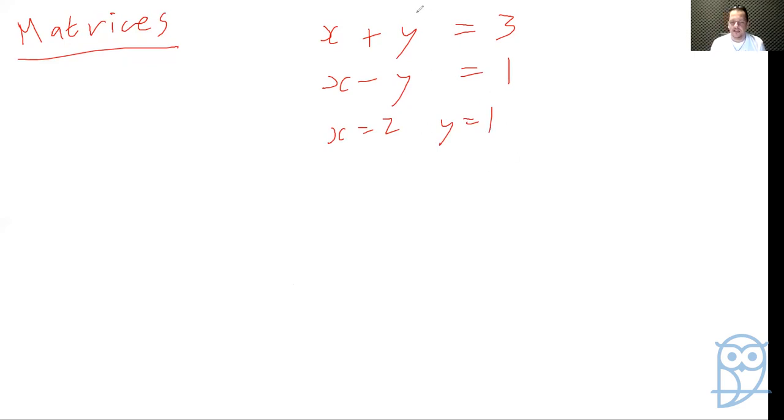Well, sometimes, and when I say sometimes, I mean the absolute majority of the time, this sort of system of equations is not going to be that simple. And you will also come across a time where you might end up with the following situation.